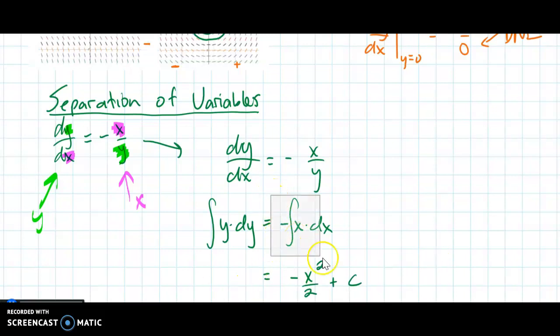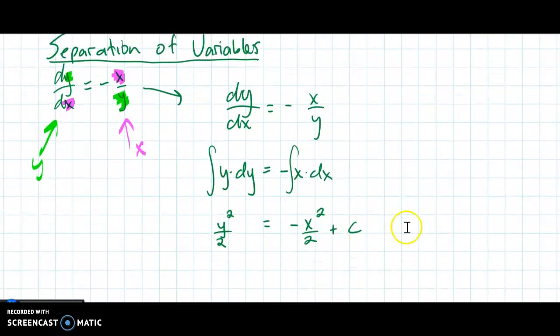That is just an integral that you should be able to do, because I'm integrating an x equation with respect to x. The question becomes, how do we integrate this? Well, it's the exact same process. I've got the integral of y with respect to y, and notice it's the same thing as what I had over here, except there's no negative. So I just do the power rule on the y, and it gives me y squared over 2.